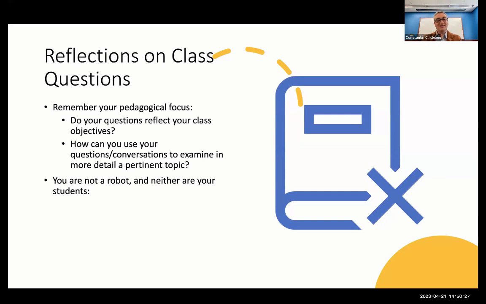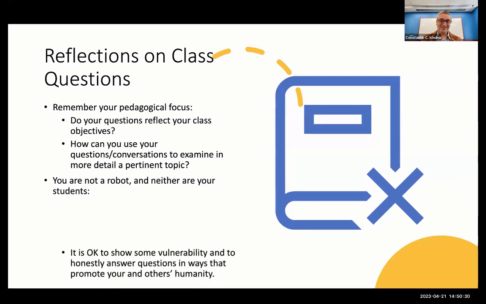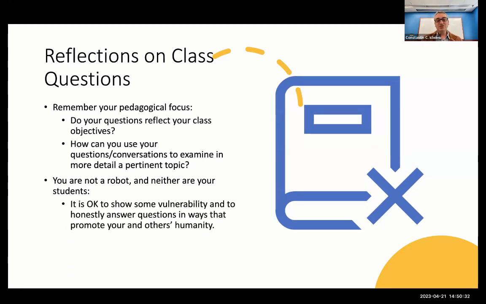You are not a robot, and neither are your students, obviously, right? It is okay to show some vulnerability and to honestly answer questions in ways that promote yours and other people's humanity. Oftentimes we think that it's all about just the numbers, the facts, the things, but that's not really what will get your students engaged.